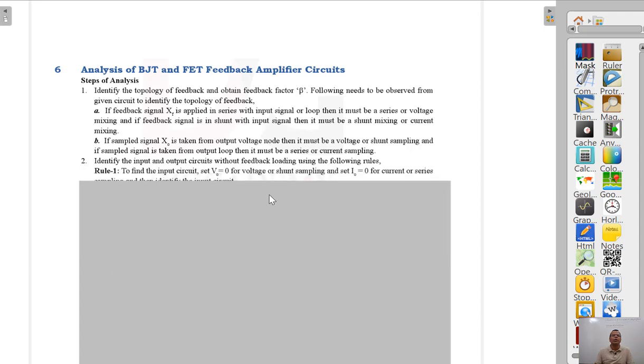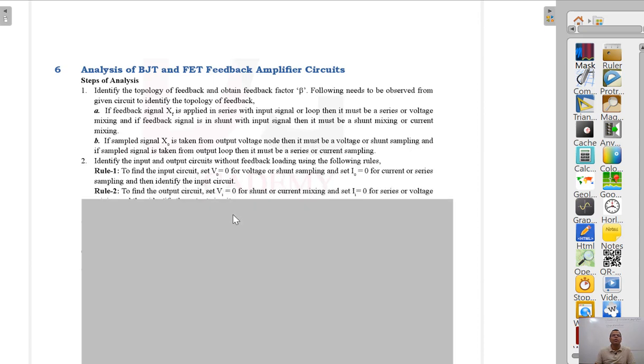Let us see the rule. To find the input circuit, set V0 equal to 0 for voltage or shunt sampling, and set output current I0 equal to 0 for current or series sampling.